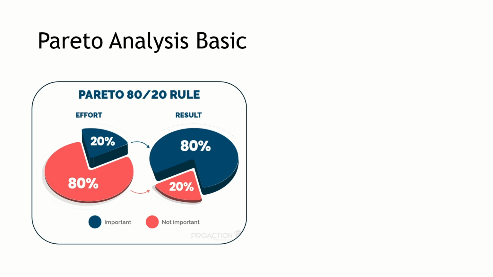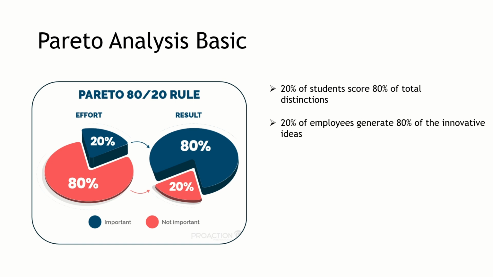Let me explain some real world examples to understand more easily. In our schooling or college days, only 20% of the students will score distinctions. In our company, 20% of the employees alone will generate 80% of innovative ideas. In our daily work or projects, 20% of the tasks alone will consume 80% of our time.